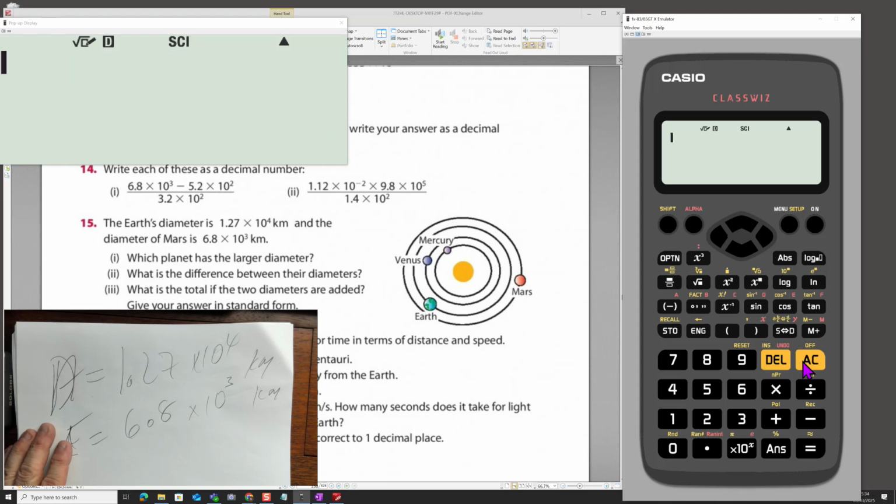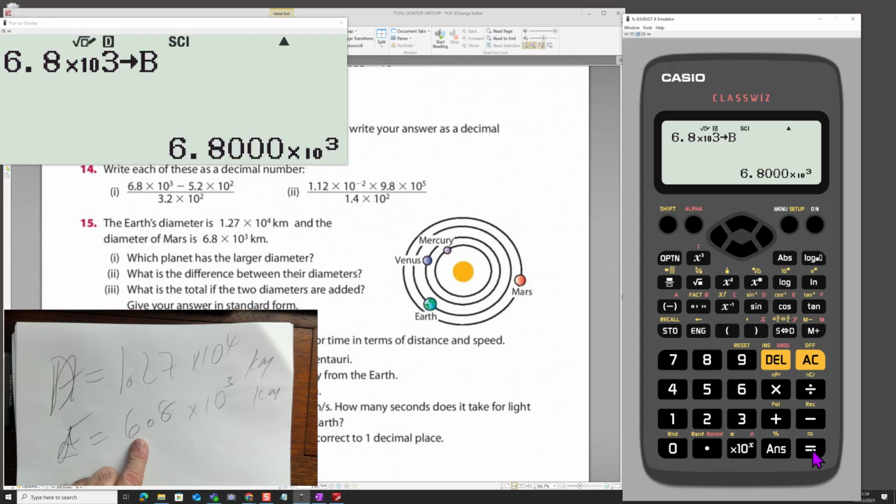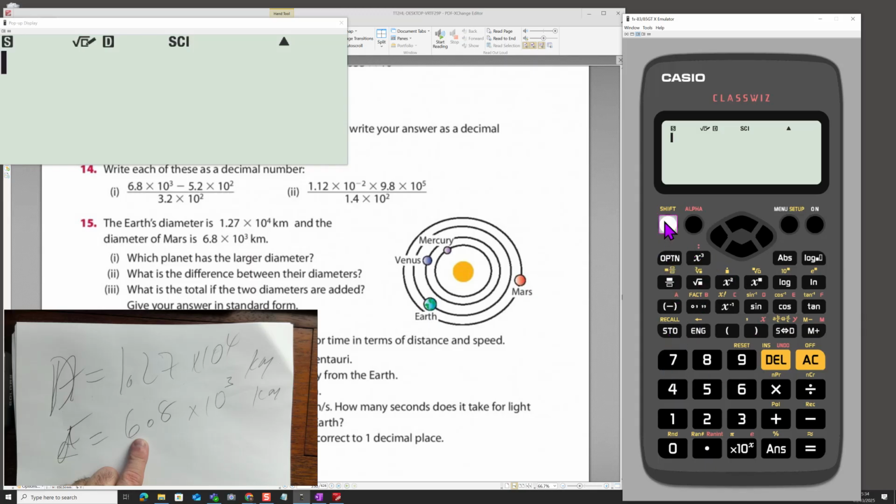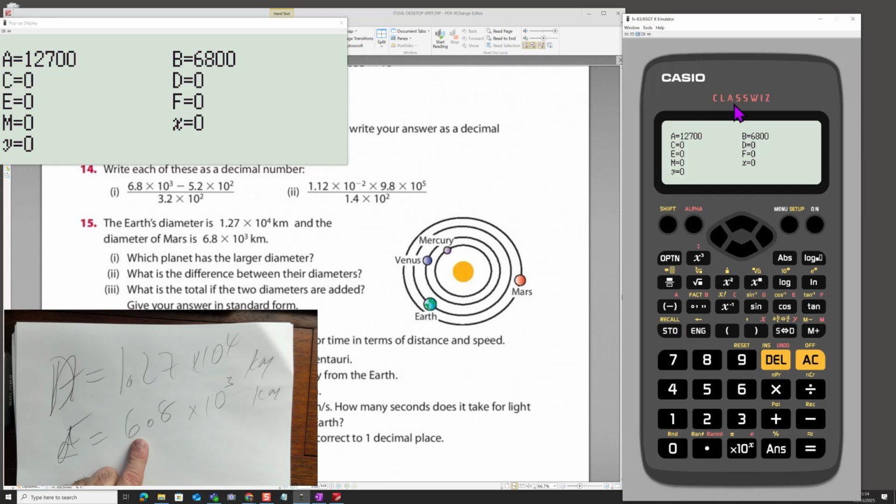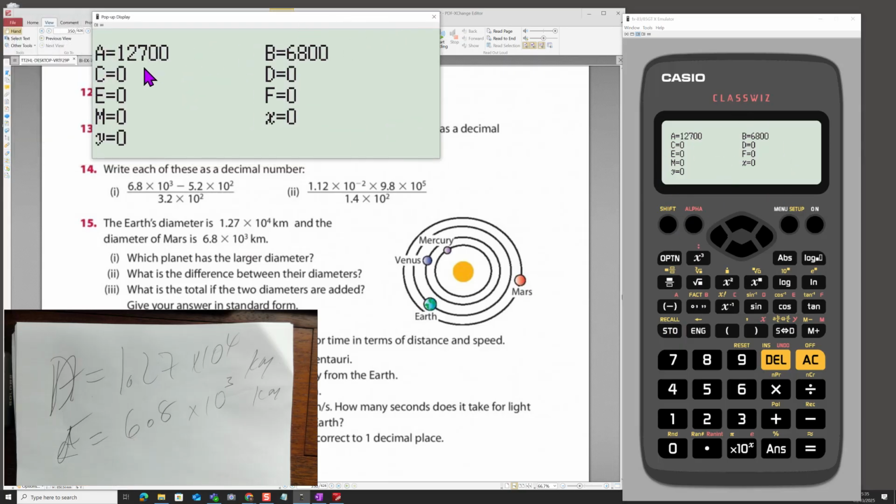Not sure that I have to, but I'll hit clear, and I'll key in the second one. Okay, 6.8 scaled to the 3, stored to B. Okay, now I have A and B in my calculator. If I had to look at them, I could hit shift recall, and I'll recall them all there, and you'll see that they're both in there.